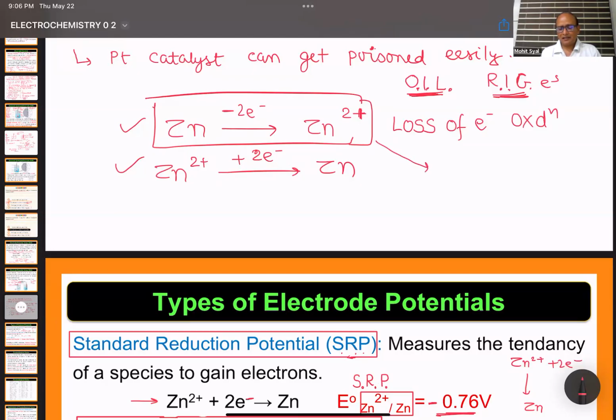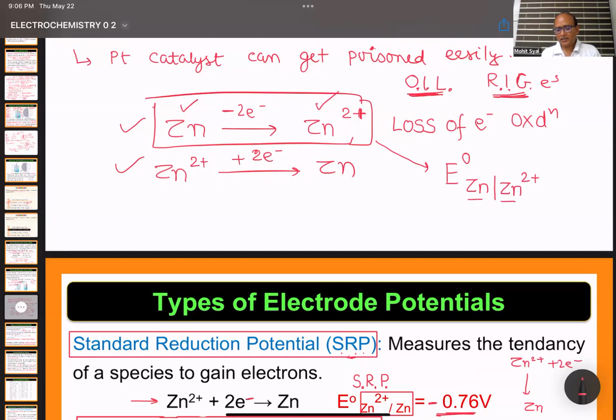And the electrode potential for this reaction should be written like this. Initially it was zinc, and later it turned into Zn2+ after loss of electrons.